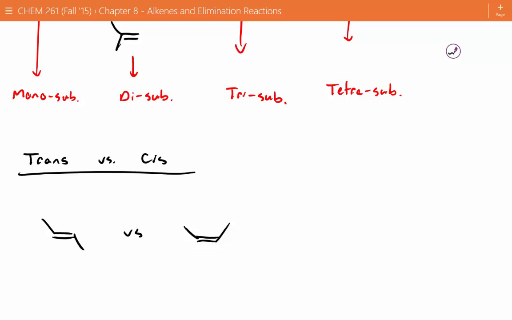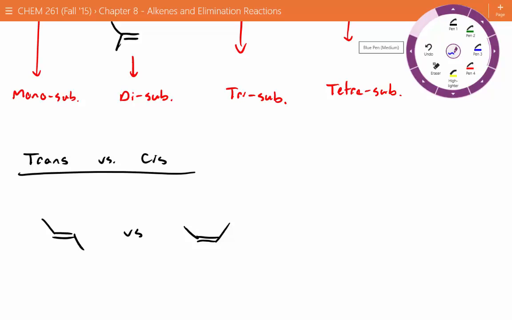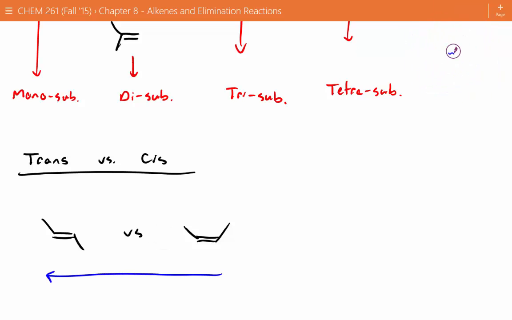So in this case, we can make a steric argument about the stability of alkenes, and we can say that trans alkenes are more stable due to sterics. So we've got these competing features. We have to look at electronics as one big feature, and we have to look at sterics as another big feature.